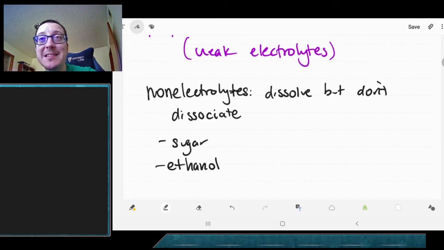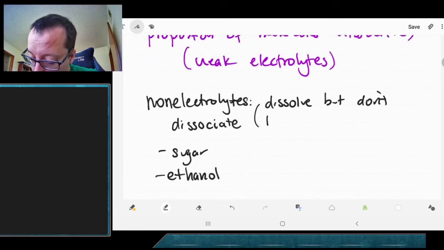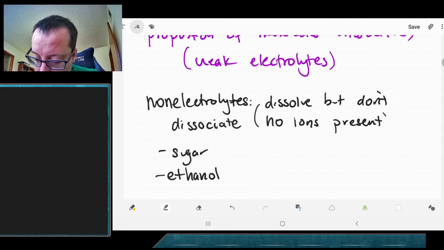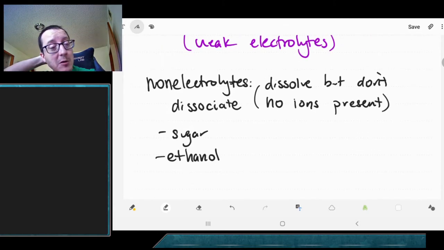These would be examples of things that dissolve but don't conduct electricity because they don't break apart. So they just dissolve into the solution, but they don't form ions. So no ions are present with these sorts of things. And these are going to be mostly covalent compounds, ones made of nonmetals.